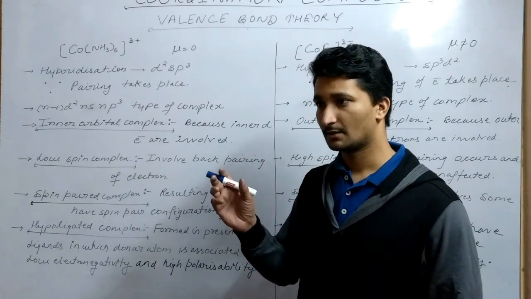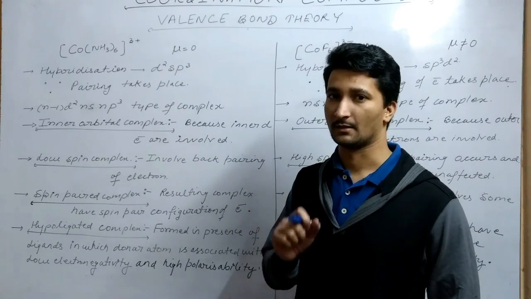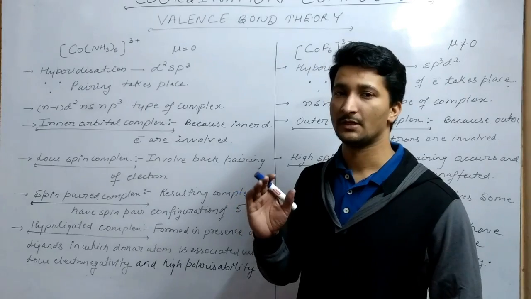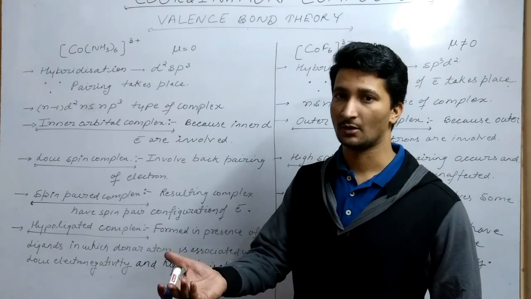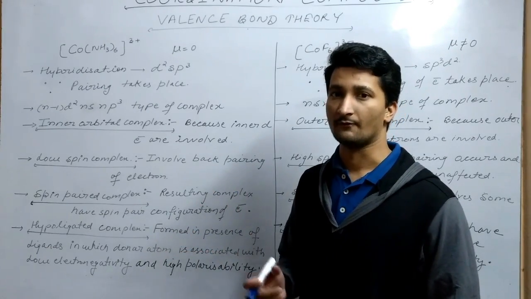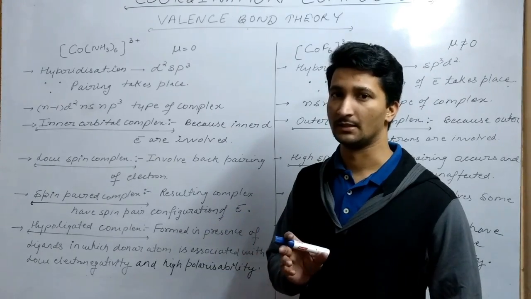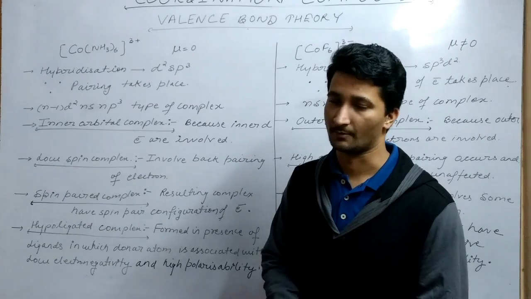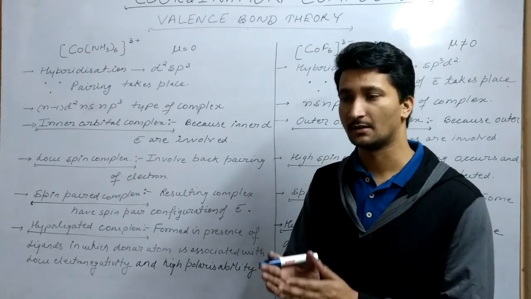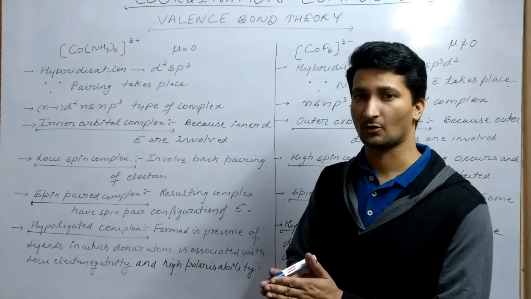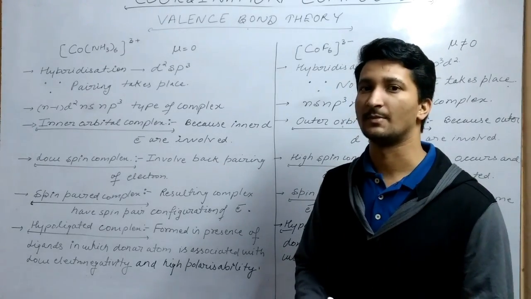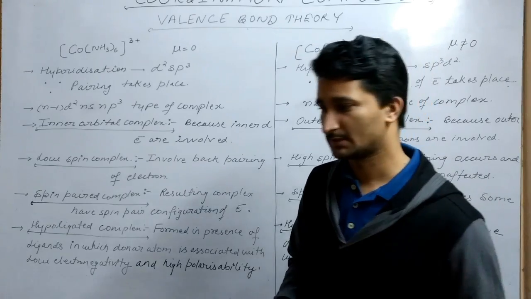So when the ligand approaches the metal, because of its low electronegativity, it donates its electron very easily, and when the electrons are donated easily, they cause pairing of the electrons of the d orbitals of the metal, and hence the electrons present in the d orbital of the metal are paired. This may be because of electron-electron repulsion.